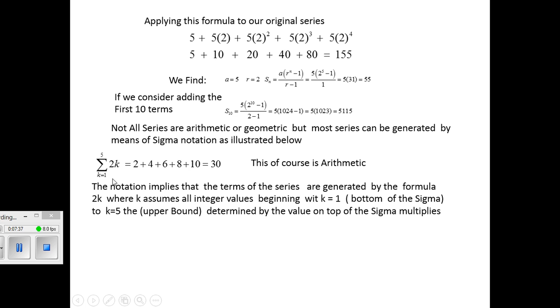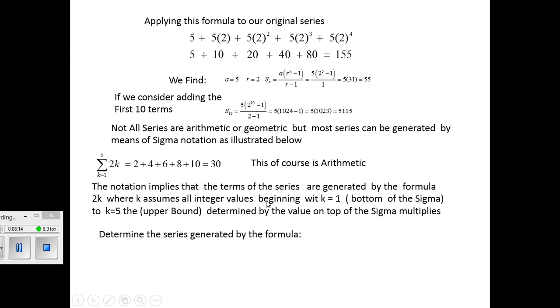The k is the variable taking on all integer values, beginning with the value at the bottom of the sigma and ending with the value at the top of the sigma. And each successive term is connected with addition, which generates our series. Okay, so it's 2 times 1, which is 2, and then we kick in with k equals 2, 2 times 2, 4, 2 times 3, and so on and so forth, okay?